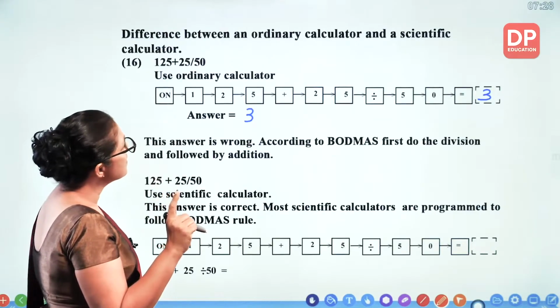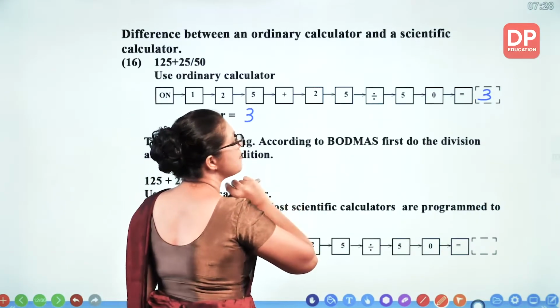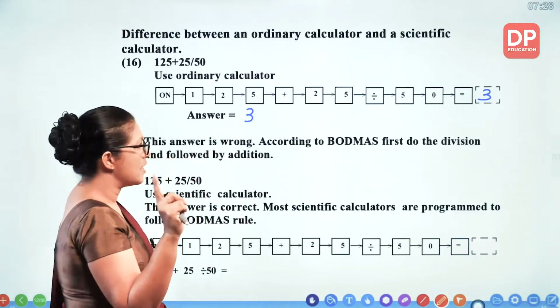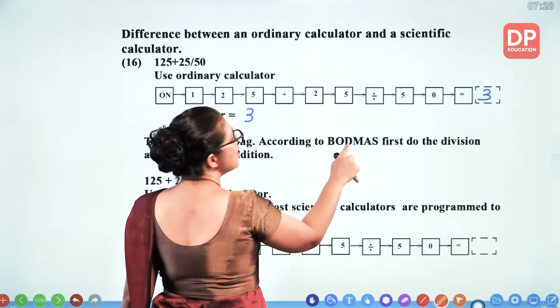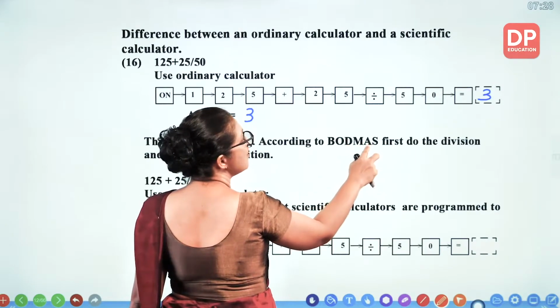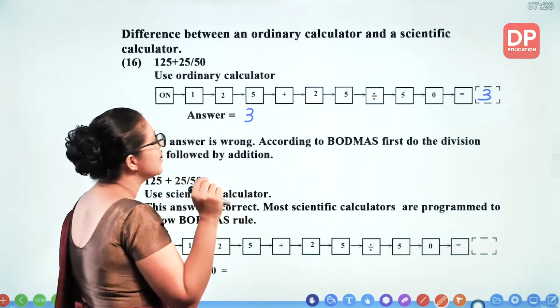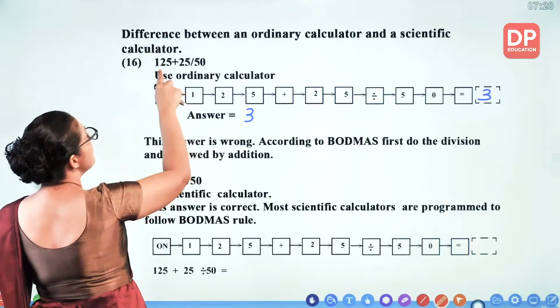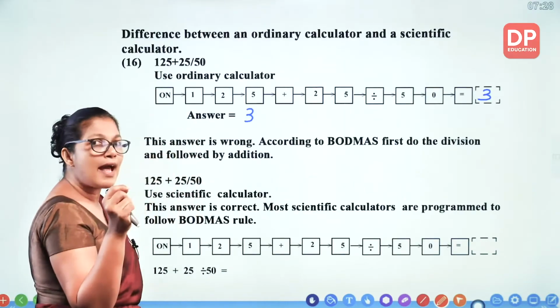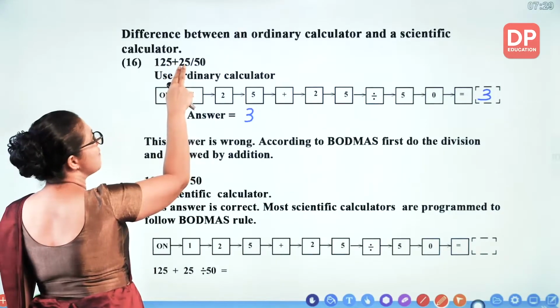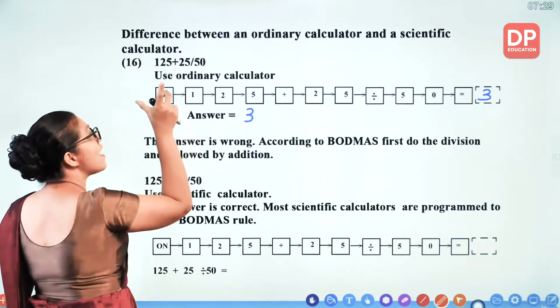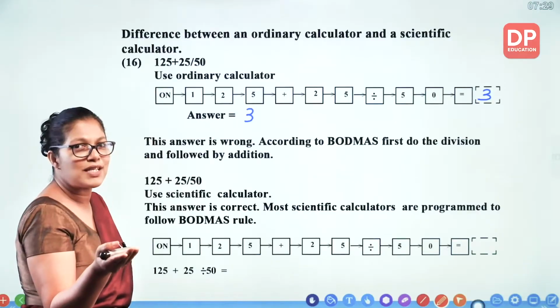According to BODMAS, what does BODMAS mean? Order of operation: brackets first, then division, multiplication, addition, subtraction. When you use the ordinary calculator, 125 add 25 and then that answer is divided by 50.